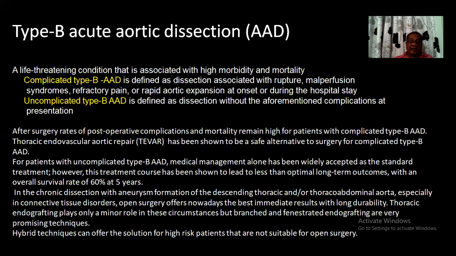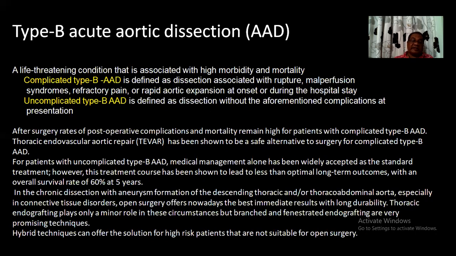For patients with uncomplicated type B AAD, medical management alone has been widely accepted as the standard treatment. However, this treatment course has been shown to lead to less than optimal long-term outcomes with an overall survival rate of 60% at 5 years.